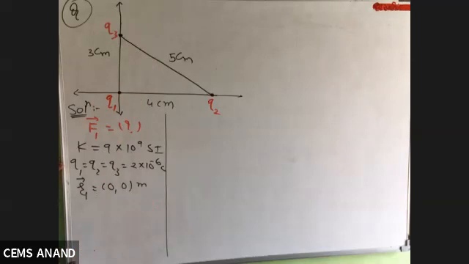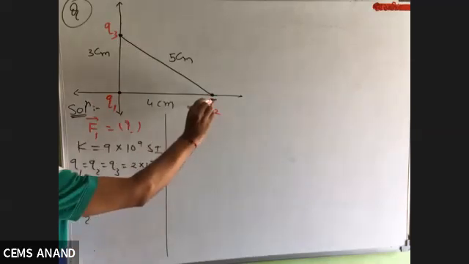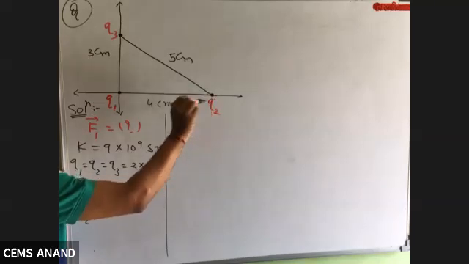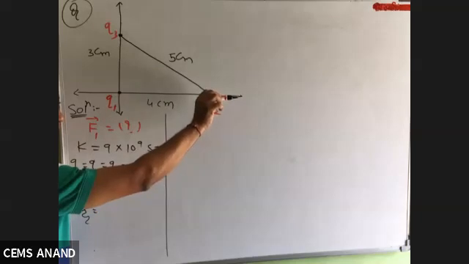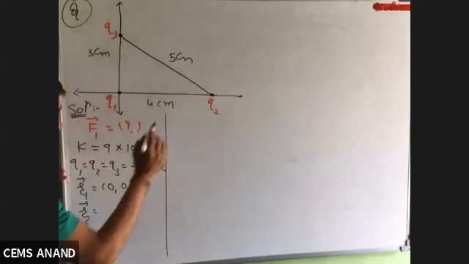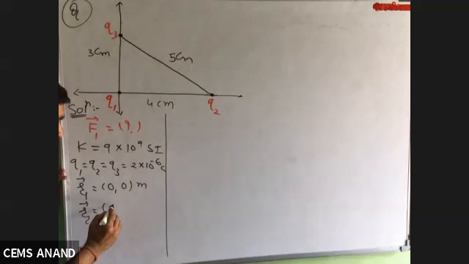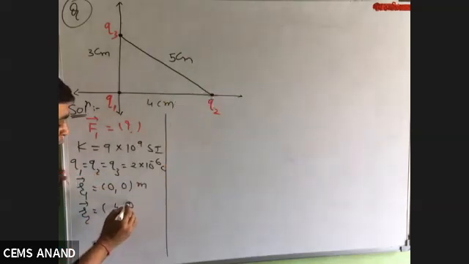Even if it is in meter, it remains 0. That's why I am able to write meter directly. Now about R2, the position of Q2, which is 4 centimeter away in X, and in Y it is 0. It is only in X. So it is 4 centimeter and then 0, but centimeter.